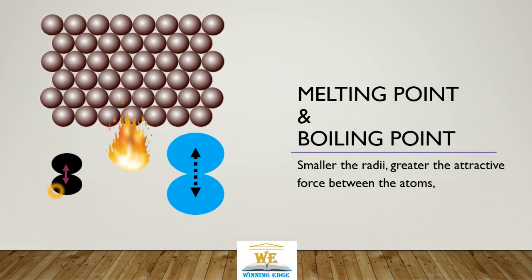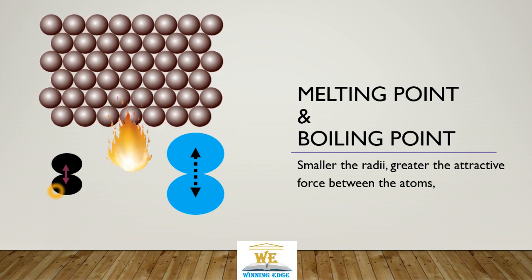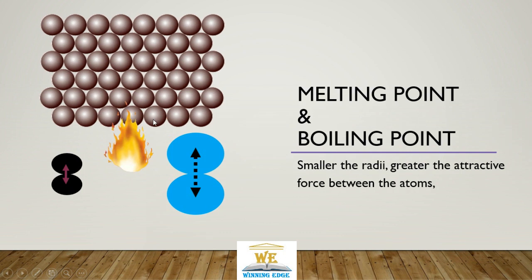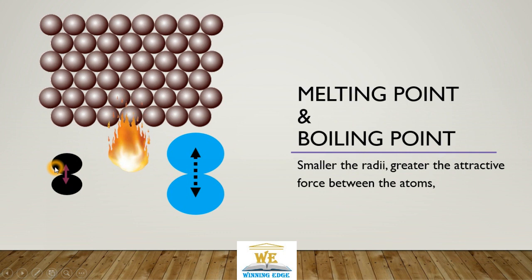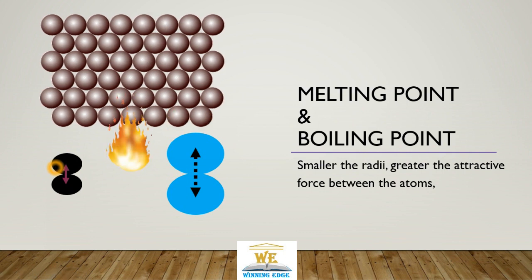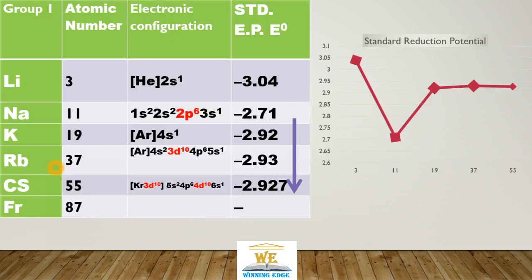Bigger radii will have lower melting points because the attractive force holding the individual metal atoms together is weaker compared to smaller metal atoms. The same goes for the boiling points.